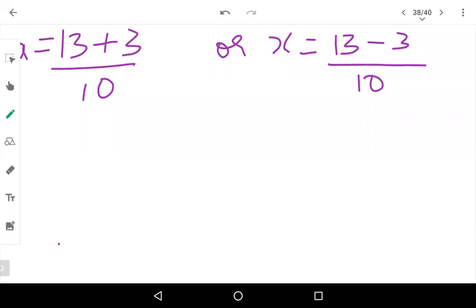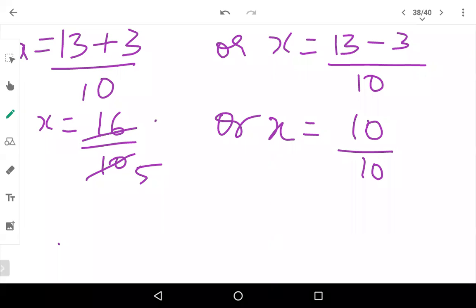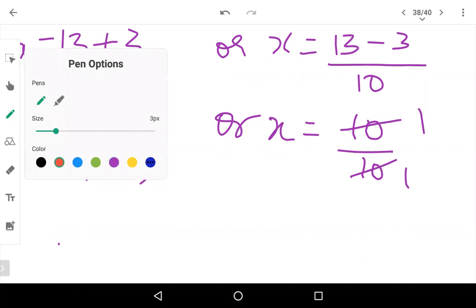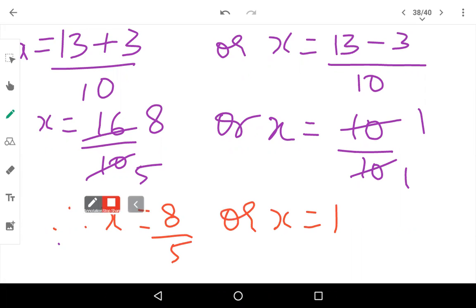So x is equal to 13 plus 3 is 16 by 10, or x is equal to 13 minus 3 is 10 by 10. Yeah, correct. Both of you, Sindhu and Anusha, both the answers are correct. Now here you can do some division part. So 2 5s are 10, 2 8s are 16, 10 1s are 10. So therefore x is equal to 8 by 5, or x is equal to 1.